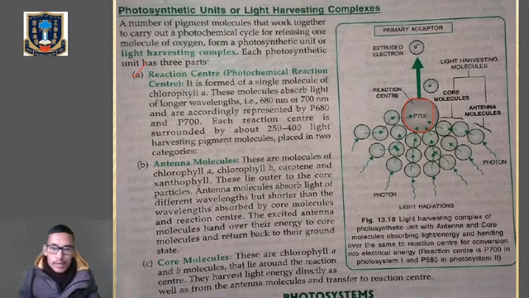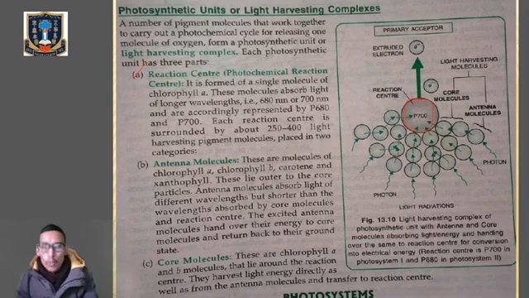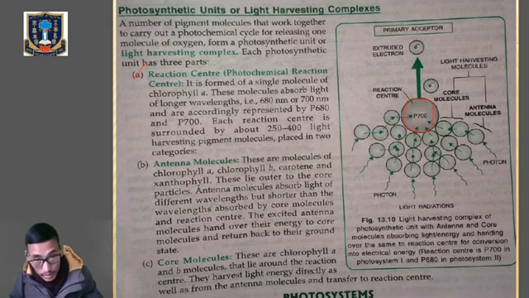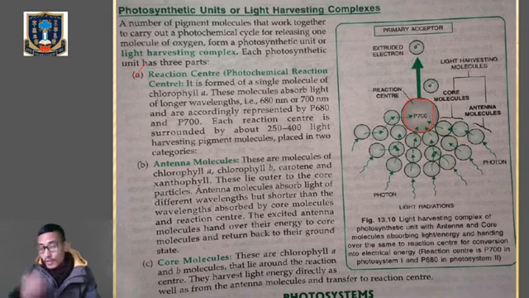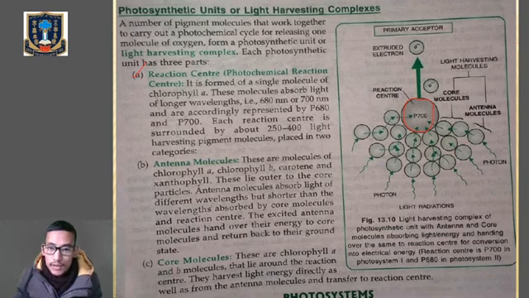Okay, so when we discuss the pigment of chlorophyll molecules like P700 or P680, remember that it is absorbing the wavelength of light of 680 nanometer or 700 nanometer. So here in the figure, P700 means that the wavelength of light absorbed by the chlorophyll pigment is 700 nanometer.